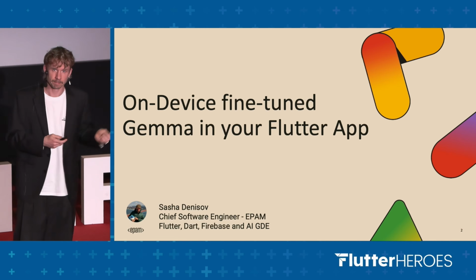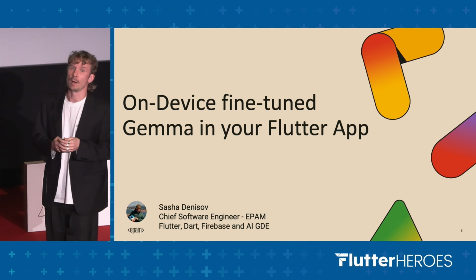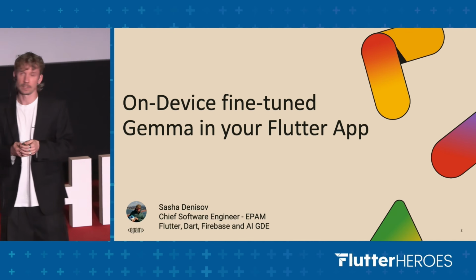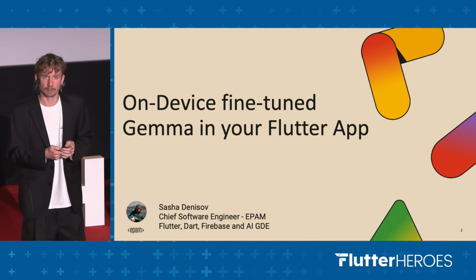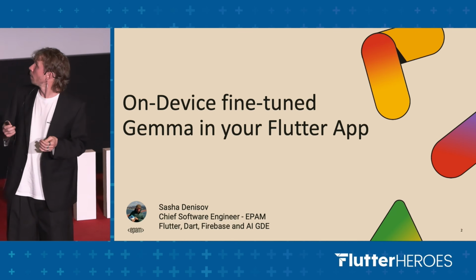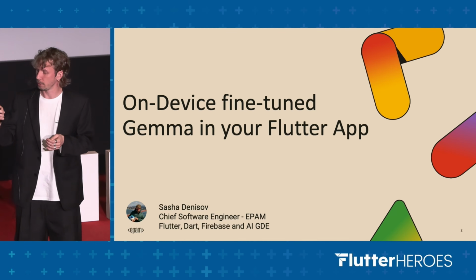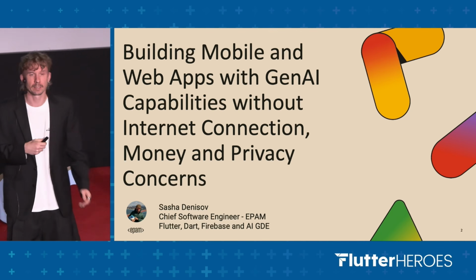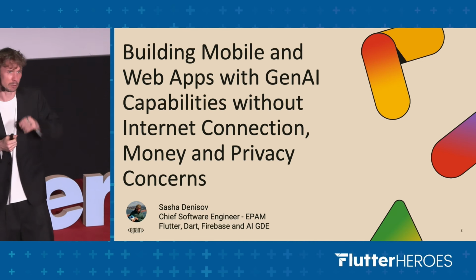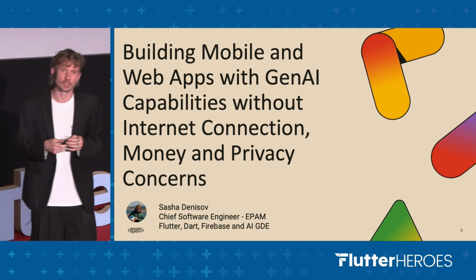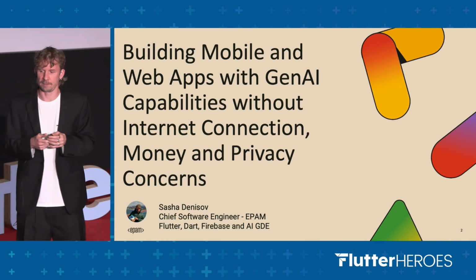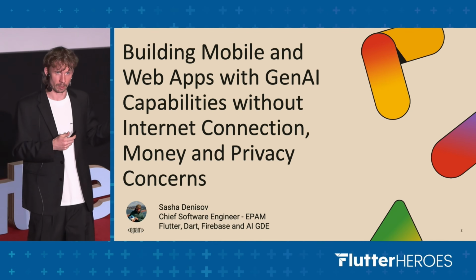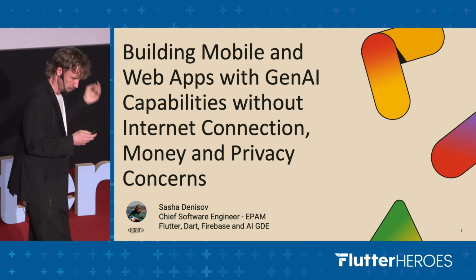And the first one is on-device AI processing. And this specific talk is about this type of interaction with AI. Actually, the proper name of this talk is building mobile and web applications, or Flutter applications, whatever, with generative AI capabilities without internet connection, money, and privacy concerns.